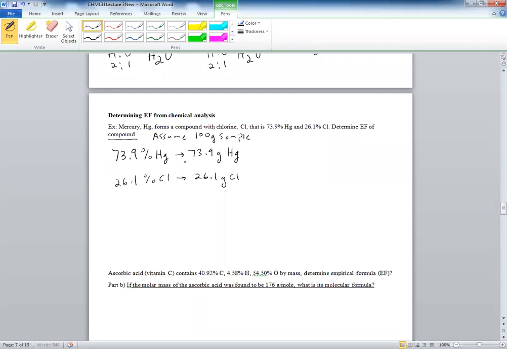Correct. Now, let me give you a word of caution here before you continue. Sometimes we're inclined to think that if we have a higher mass, like we can tell that Hg has a higher mass than chlorine, then we may have more of this stuff, in this case mercury, than chlorine. But it's not always true. I can have a box with only 1 watermelon and 7 apples.